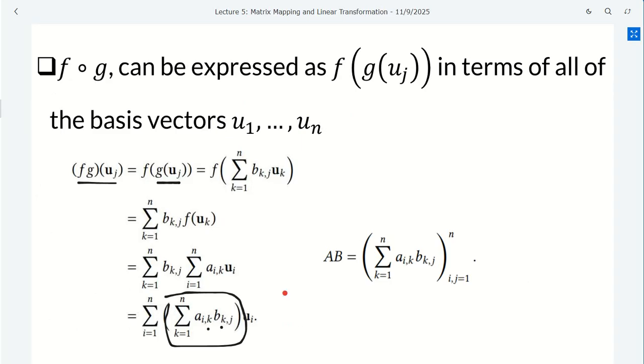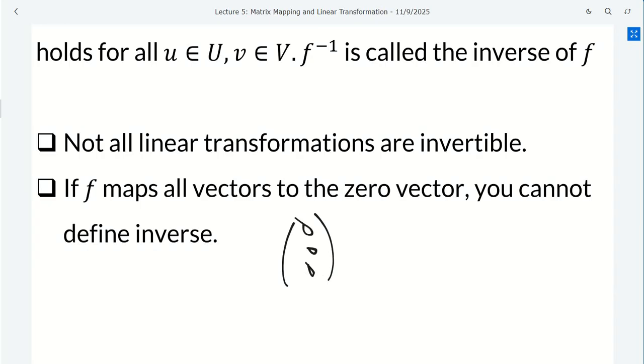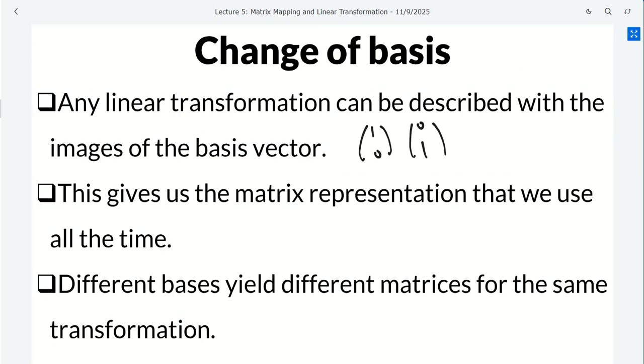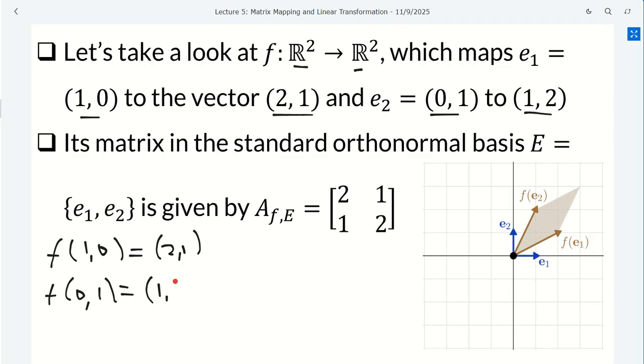So when we apply F to 1, 0, we are getting 2, 1. Then for 0, 1, we are getting 1, 2, right?